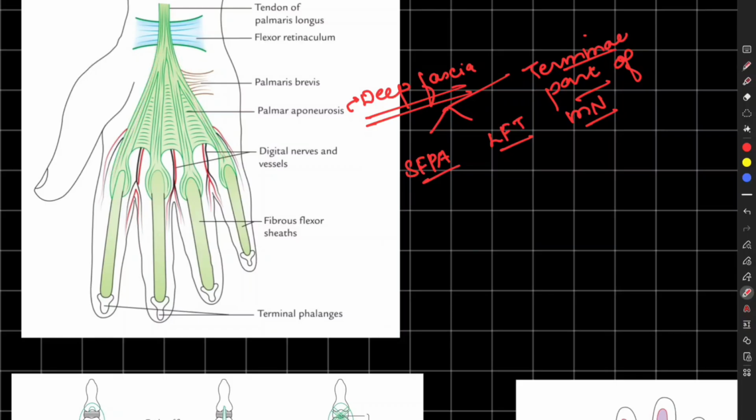Now, talking about the apex of the palmar aponeurosis: it is proximal and it blends with the flexor retinaculum.